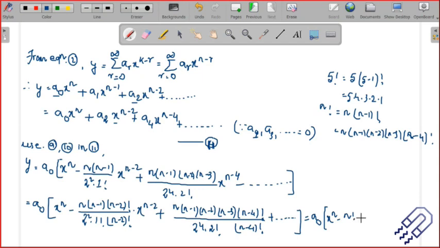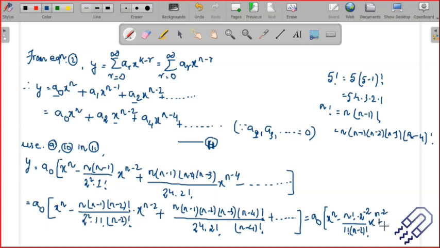Okay, and 2 in the bottom, we can write it down as 2 to the power minus 2. In the numerator it's the same, divided by, we are left with 1 factorial and n minus 2 factorial into x to the power n minus 2, right?